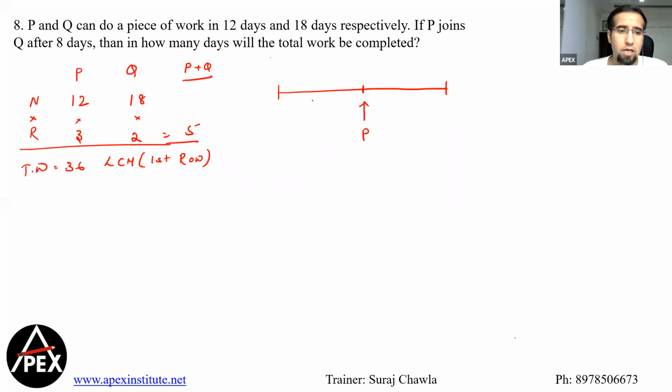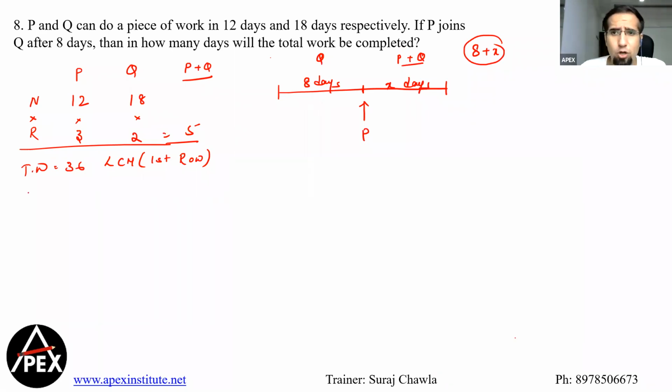P entered the scene after 8 days. Yep. That means Q was working alone for 8 days, and then P and Q together continued the work. I do not know how many days. Now the question is, in how many days will the total work be completed? So please also understand that the number of days will be 8 plus x.